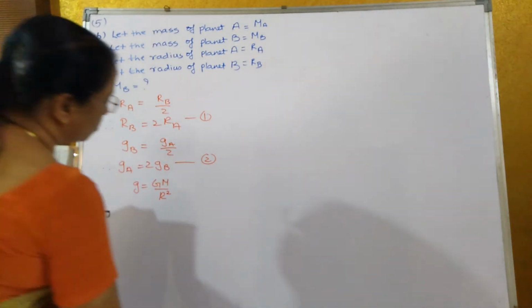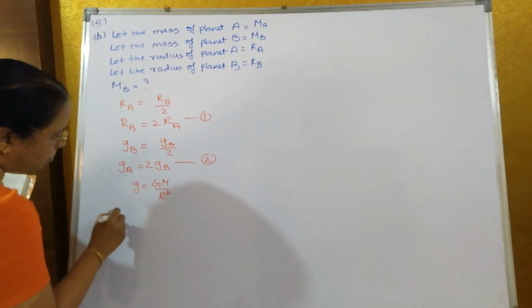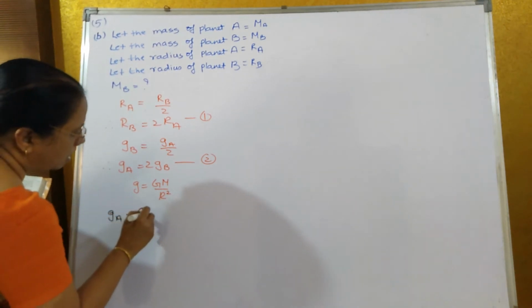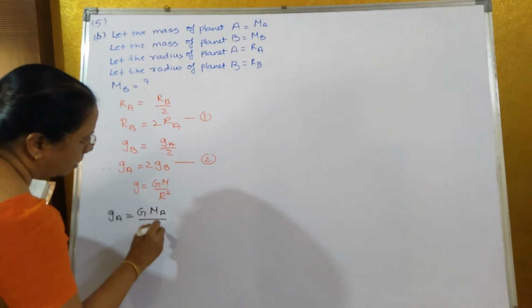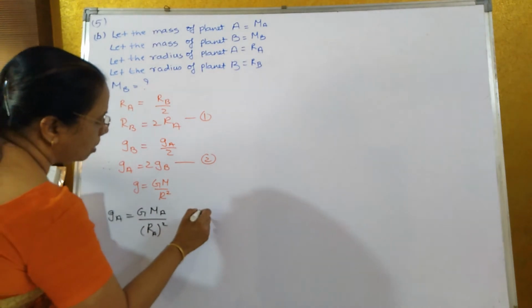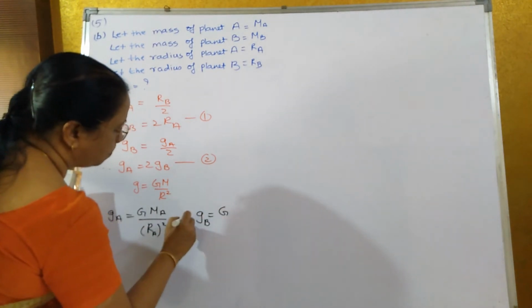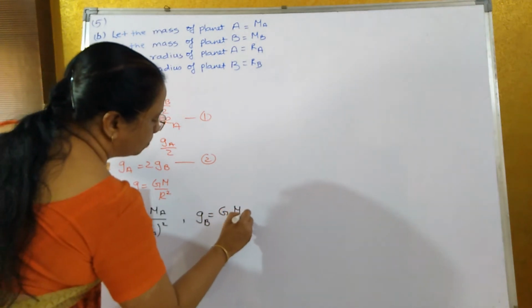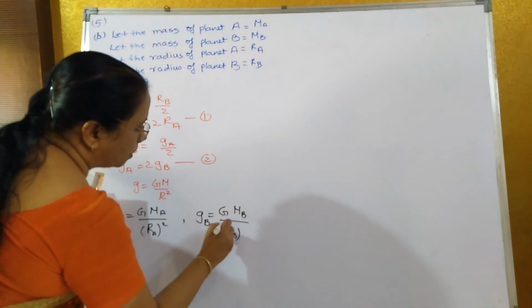Now when we use this formula, what will be GA? GA will be GMA upon RA the whole square. Similarly, what will be GB? GB will be equal to GMB upon RB the whole square.